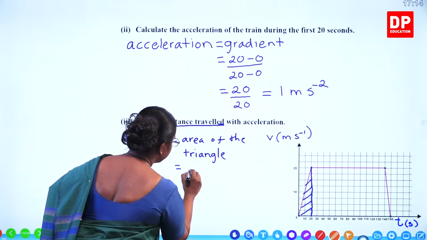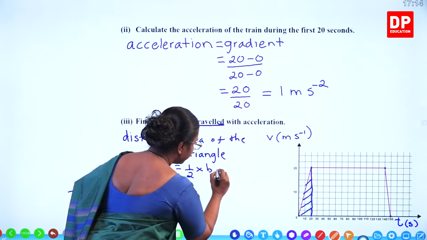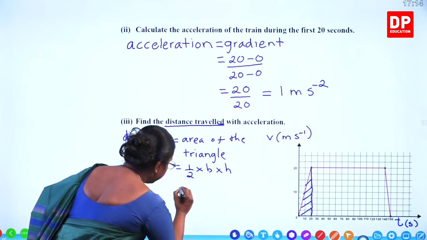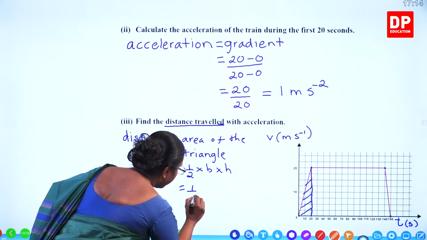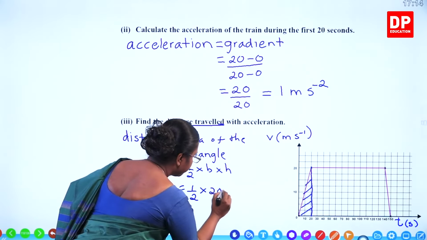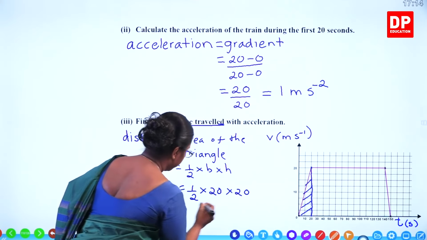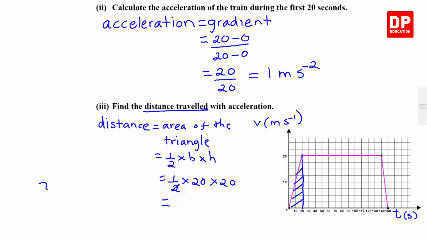That is equal to half into base into height. That is equal to half into base 20 and height 20. You can simplify 2 and 20, you get 10.